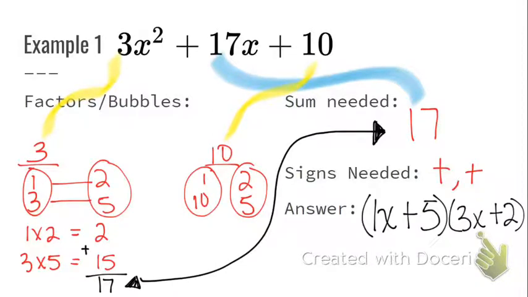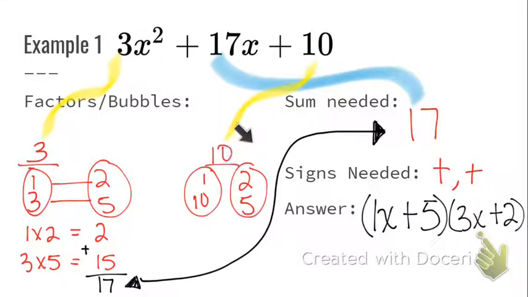All right, here is my work and answer for example 1. Needed a sum of 17. My signs needed to both be plus because I'm multiplying to a positive, adding to a positive, so same signs, both positive. I wrote out my bubbles for both 3 and 10.